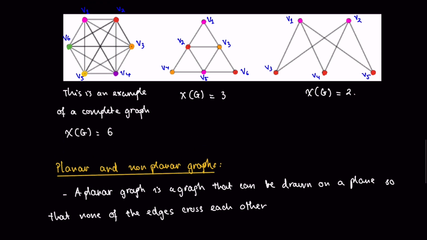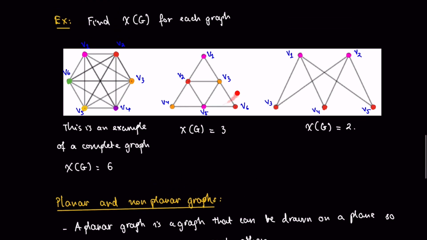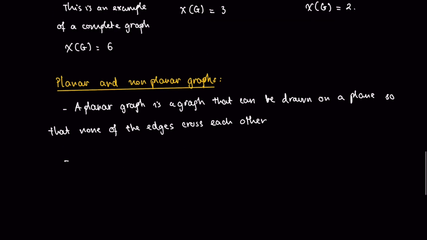For example, on this graph, this is a planar graph, and this is a non-planar graph. If edges are crossing one another, the graph is non-planar.